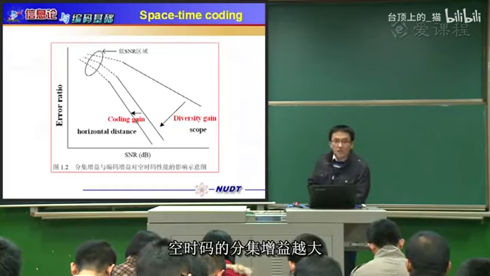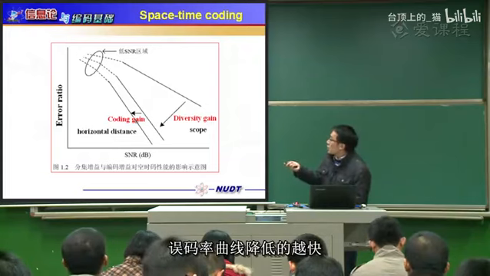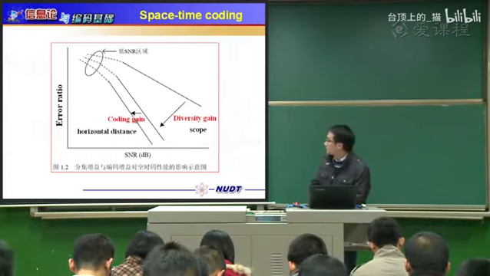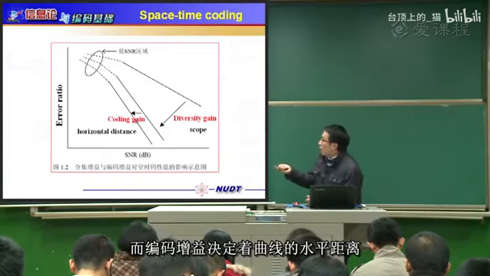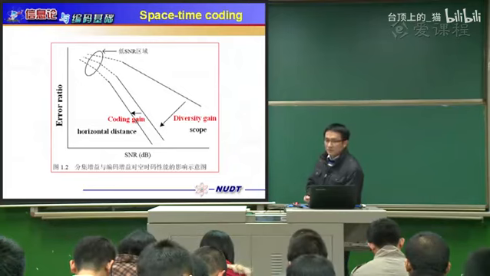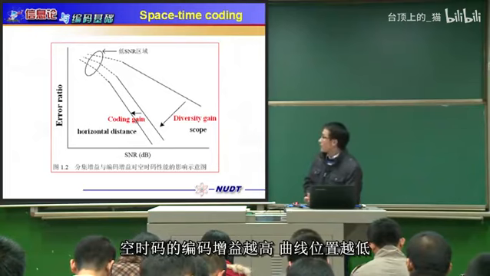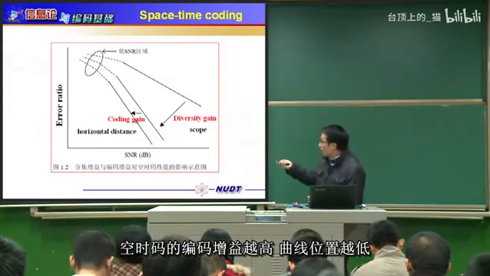For a code with more diversity gain, the error ratio curve will decrease faster. And the horizontal distance denotes the coding gain. A code with more coding gain, the curve will be lower.